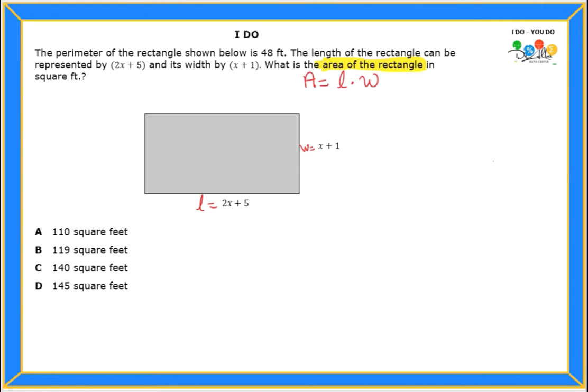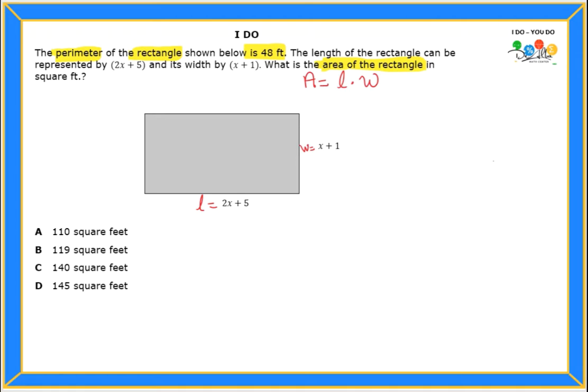So I need to do something else. But luckily for us, let's go back to the question. It says right here that the perimeter of the rectangle is 48 feet. That's very important for us because they're already telling you what the measurement should be if I was to do perimeter for that rectangle.